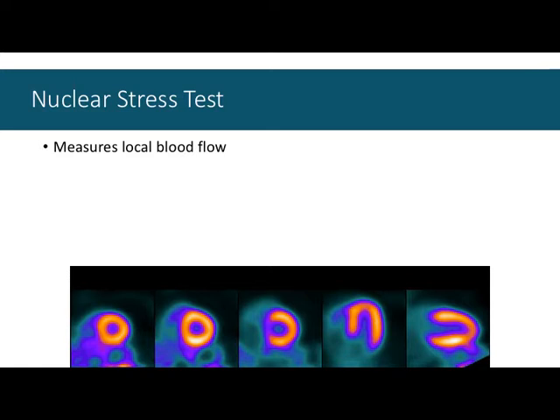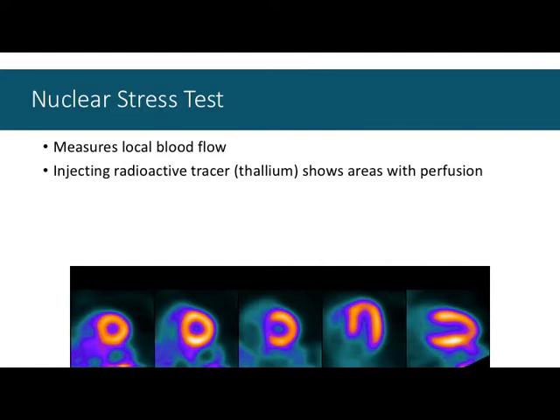A nuclear stress test can measure localized blood flow. It gives you a very nice detailed picture of the areas of the heart that receive blood. And it does this through the injection of a radioactive tracer and then monitoring where that tracer appears.